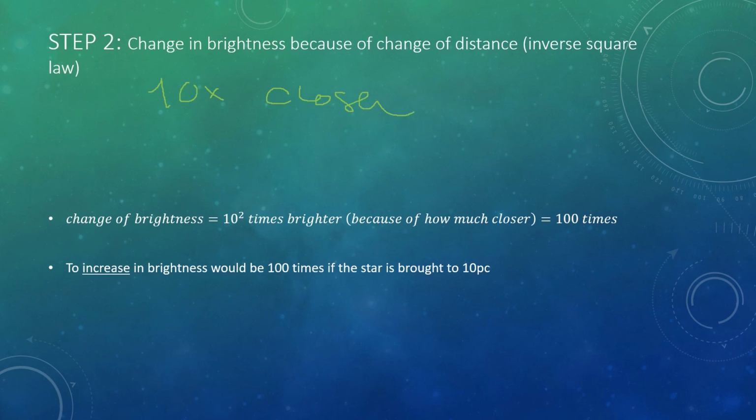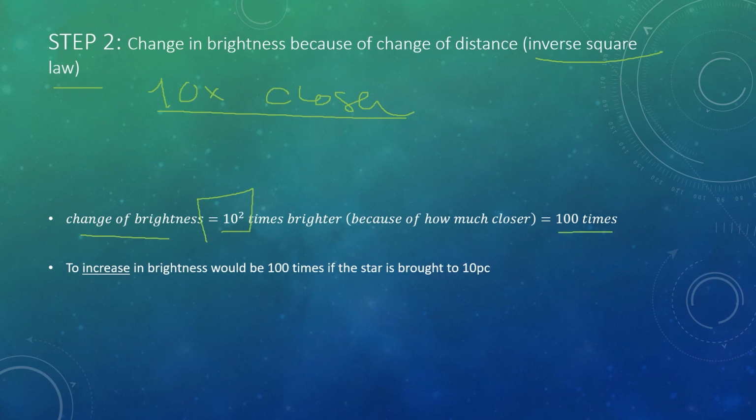And the change in brightness because of change of distance, okay? Remember the inverse square law. So the change in brightness is 10 times closer, so we do 10 to the second times brighter because of how much closer we will be, because 10 squared gives us 100.